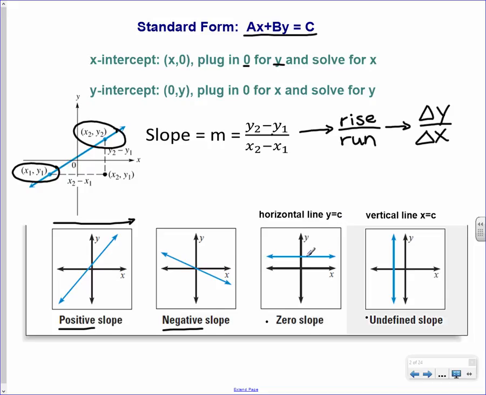Okay, so this case might be y equal to 3 or something like that. If we have a line like this, a vertical line, then that looks like x equal to a number. So let's say this is maybe x equal to -3, since it's over here on the left side.